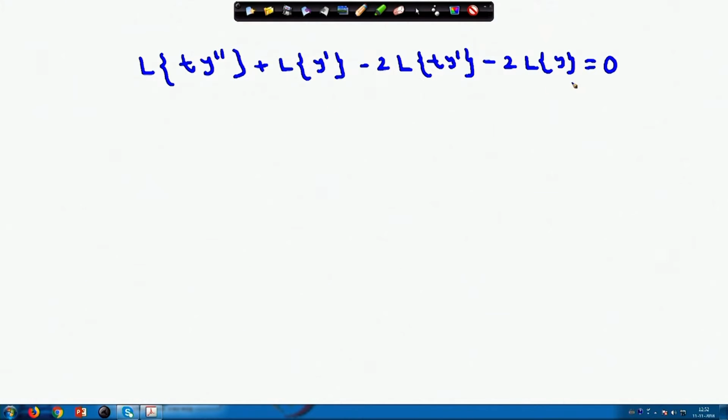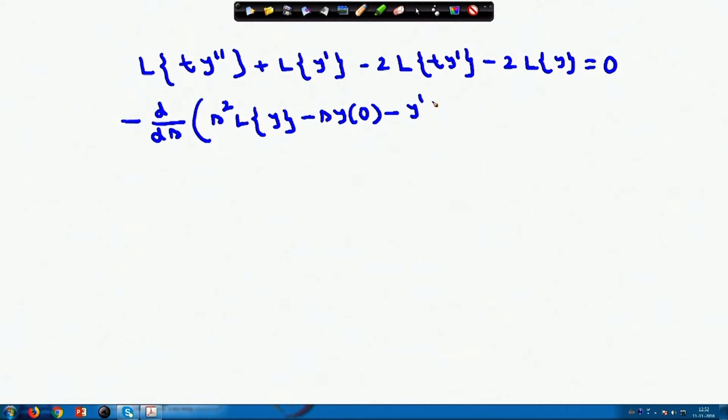Laplace transform of t y double dash is nothing but minus d d s of Laplace transform of y double dash only. So, minus d d s of s square into Laplace transform of y minus s y 0 minus y dash 0, plus Laplace transform of y dash. Laplace transform of y dash is simply s Laplace transform of y minus y 0.